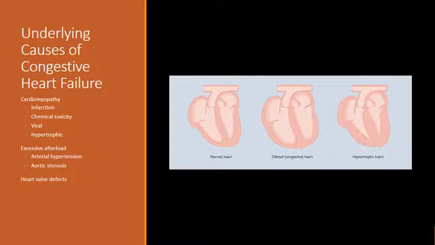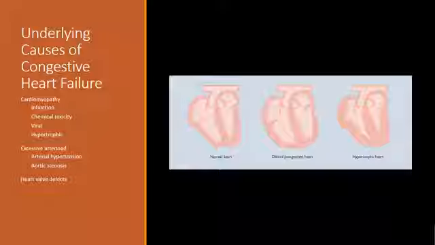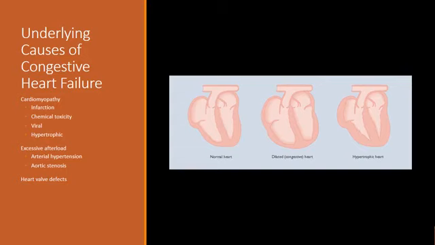Some of the causes of cardiomyopathies can include infarction, where essentially that dead myocardial tissue is replaced by scar tissue that can't contract like normal. Other causes of dilated cardiomyopathy would be chemical toxicity, mainly from alcoholism, or certainly viral cardiomyopathy as well.